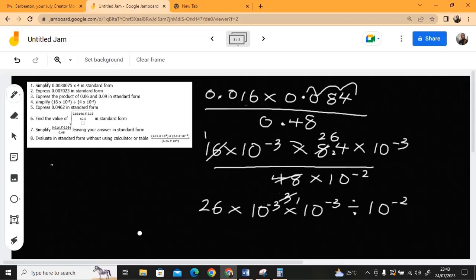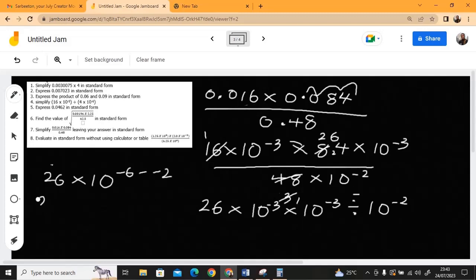So looking at it together, we have 26 times, minus 3 plus minus 3 is minus 6, because plus doesn't have effect at all. So we have 10 raised to the power minus 6. Then here is also minus, so we have minus 2.